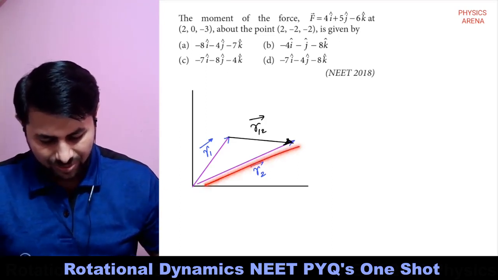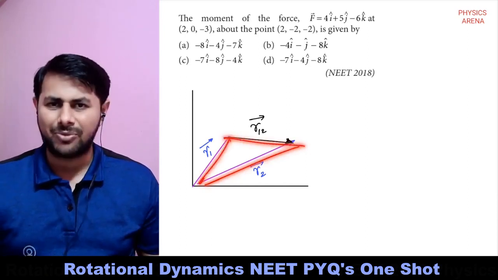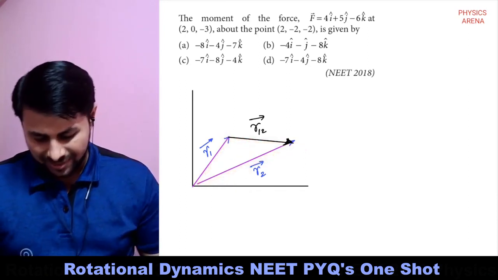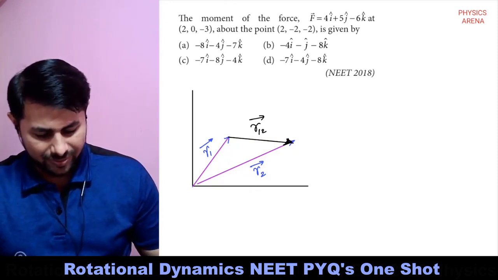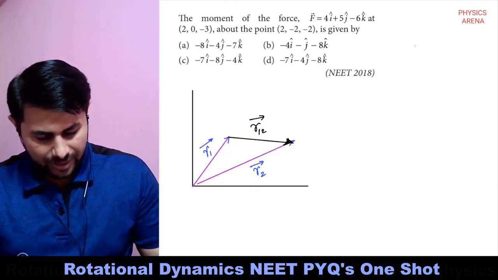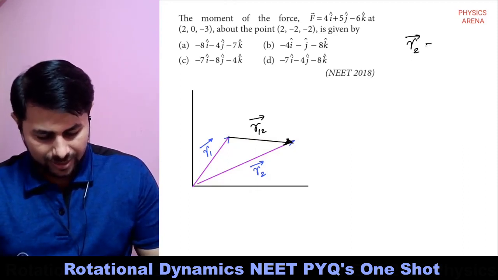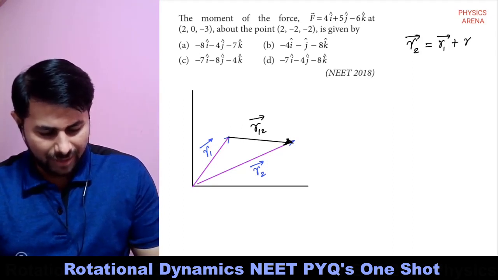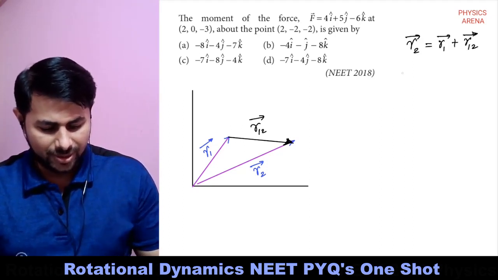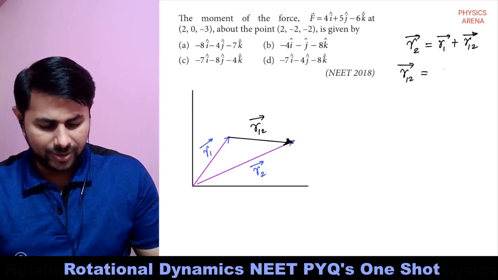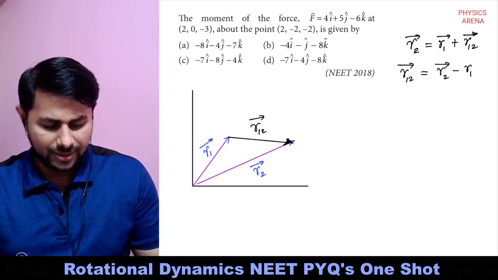So can you say R2 bar is equal to R1 bar plus R12 bar, right? This is by the triangle law. R12 bar is equal to R2 bar minus R1 bar.